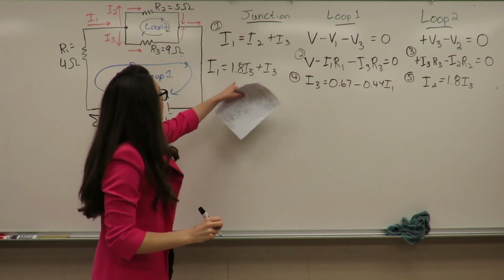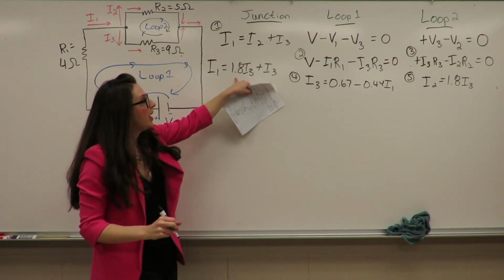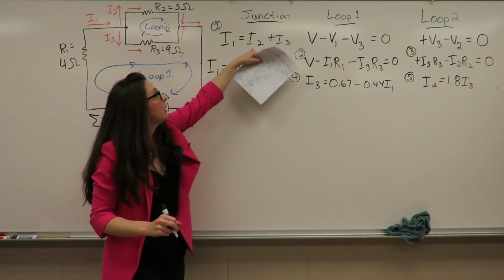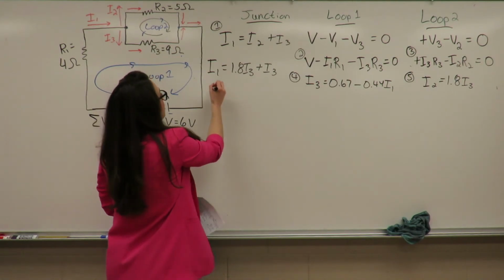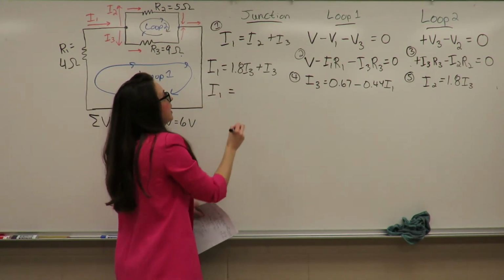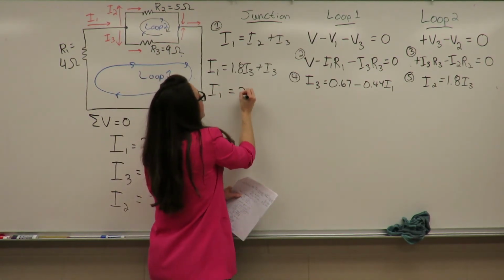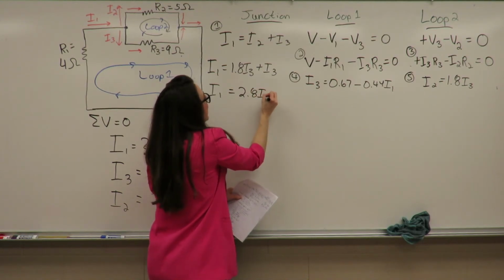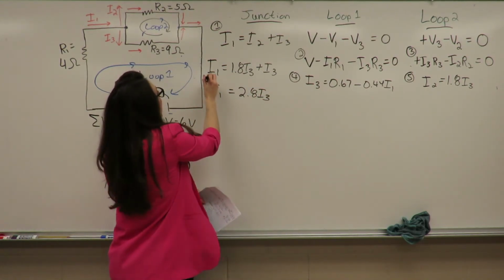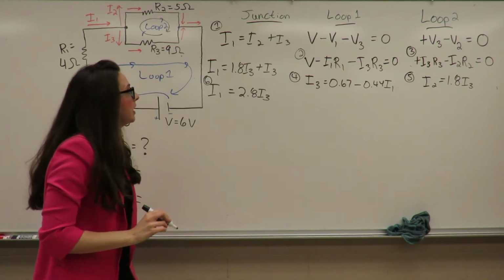I substituted equation 5 into equation 1 for I2. Now I've got a new equation that tells me that I1 is equal to 2.8 I3. I'm going to call that equation 6.